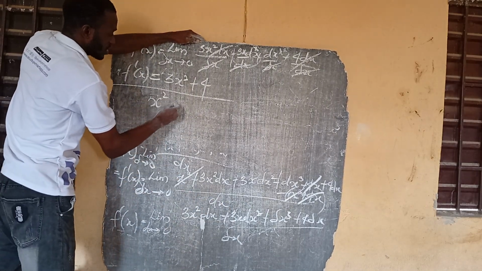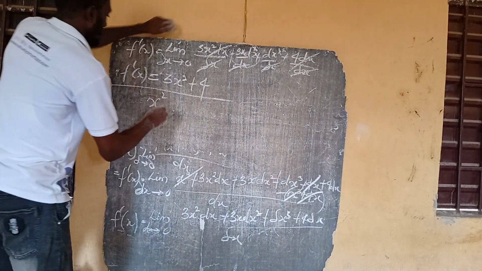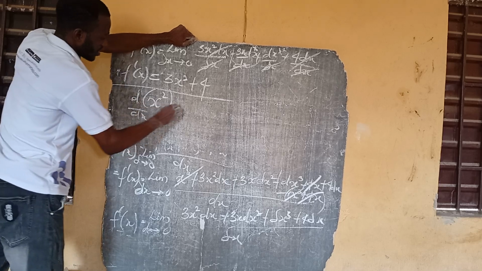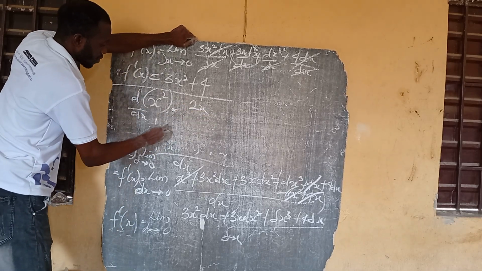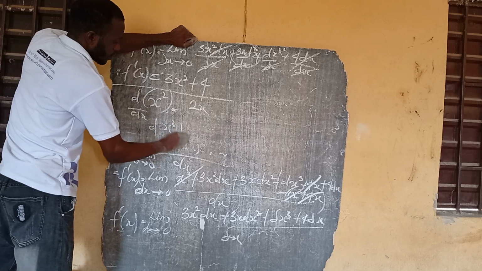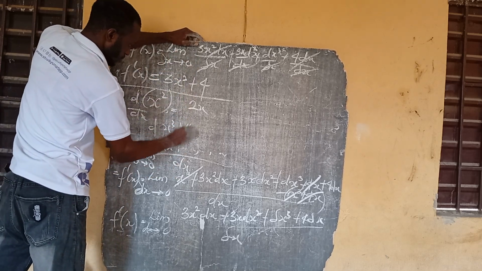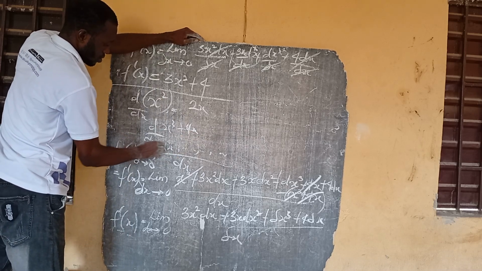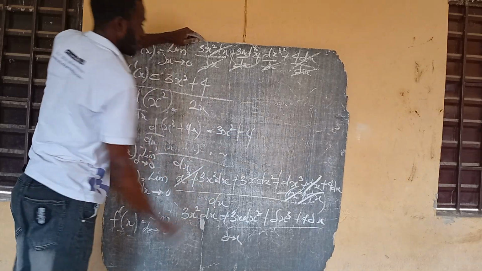since the derivative of x squared eventually gave us 2x, and the derivative of x cubed plus 4x eventually gave us 3x squared plus 4.